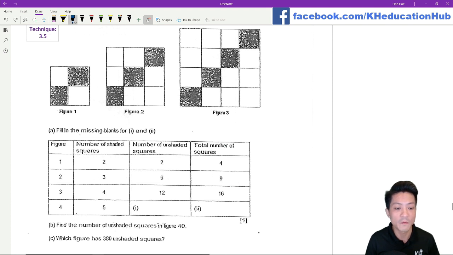So figure number 4, the total number of squares will be 5 times 5, which is 25. Since the total number of squares minus the shaded squares will give you the unshaded squares, if I use 25 minus 5, this would be 20.